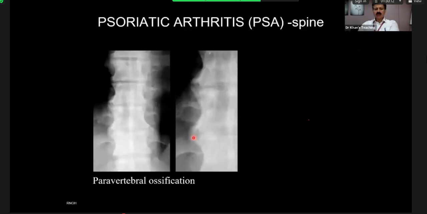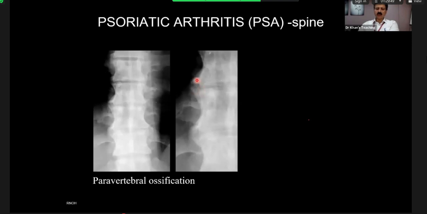Look at another example, where this is the vertebral body and this is the paravertebral ossification, which is attached here and attached here. There is another one here. Please remember, sometimes they can bridge together, but don't confuse it with syndesmophyte.